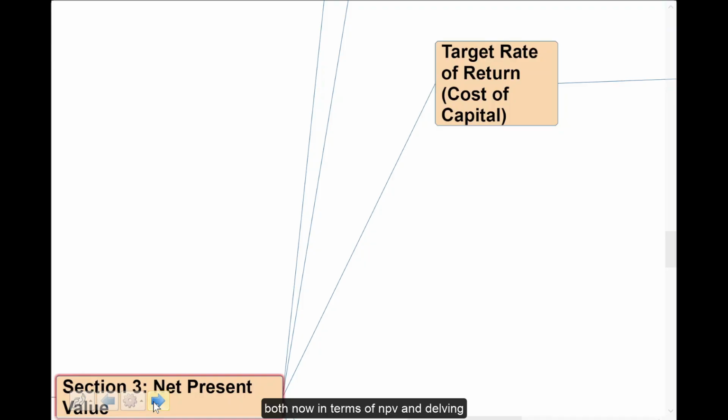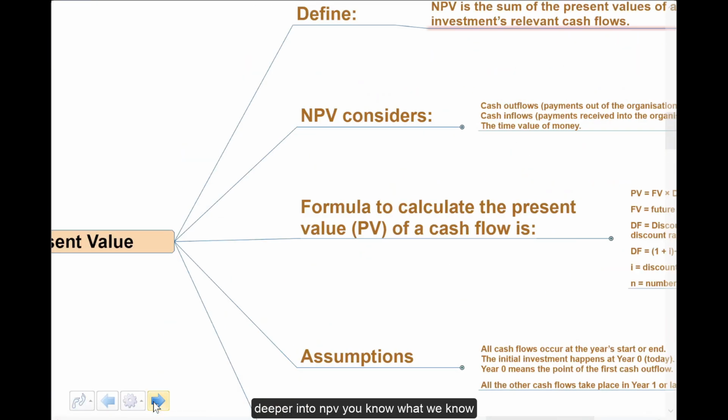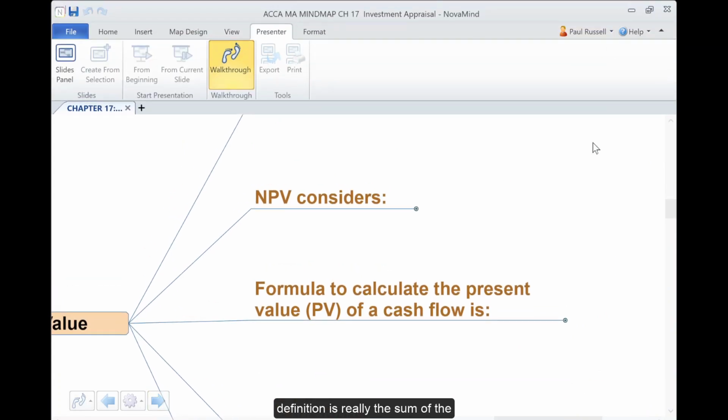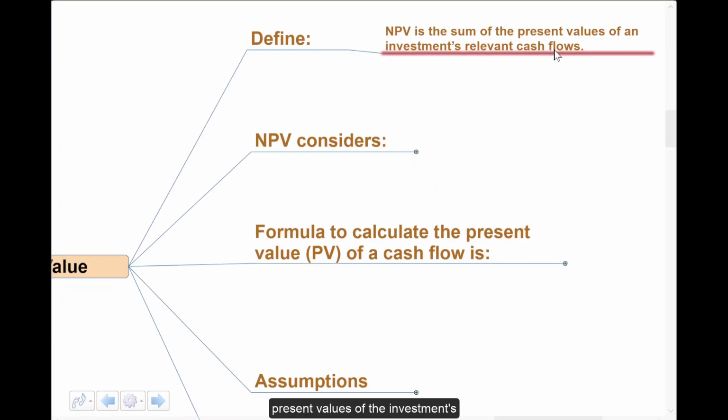Now, in terms of NPV and delving deeper into NPV, what we know is that NPV as a definition is really the sum of the present values of the investment's relevant cash flows. For a given investment, we're going to have a series of cash inflows and cash outflows.